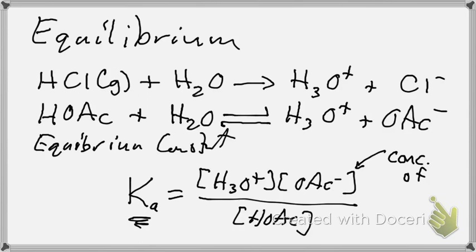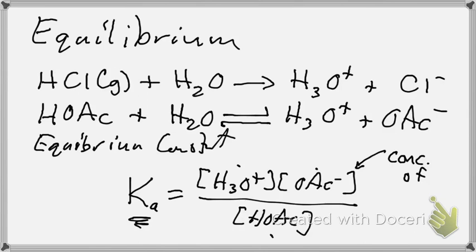So what it says, as this reaction proceeds one way or the other, let's look at the forward direction. As it proceeds in the forward direction, we produce more hydronium and more acetate ion, and we end up with less acetic acid. So this would get bigger as it runs in the forward direction. Similarly, if I go in the reverse direction, this would get smaller.